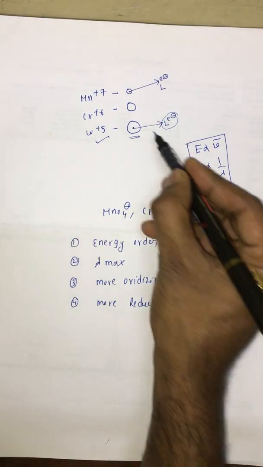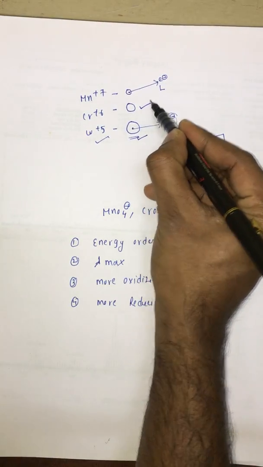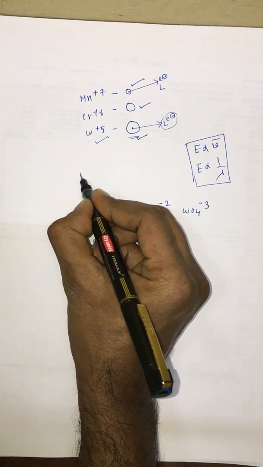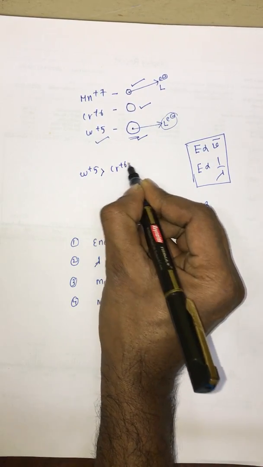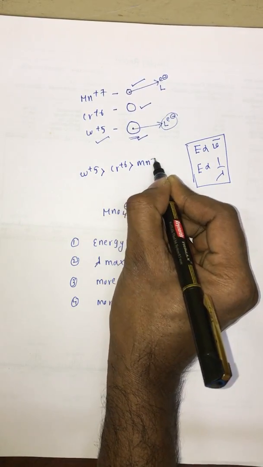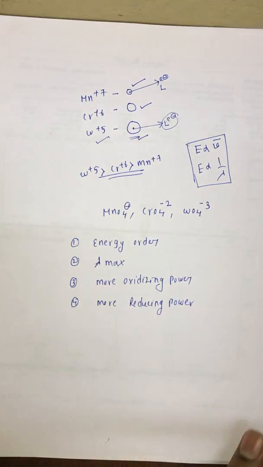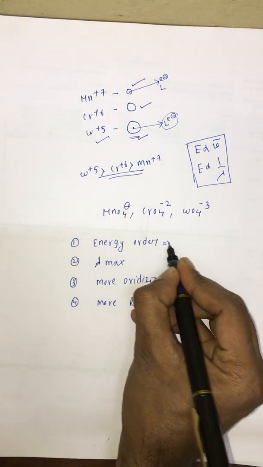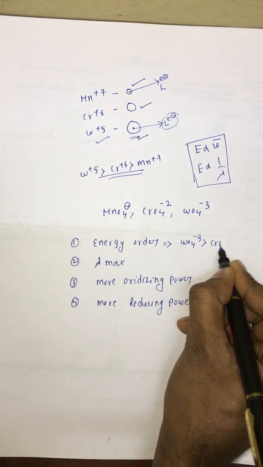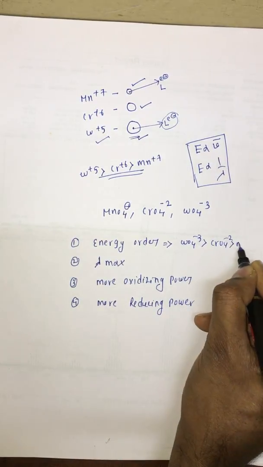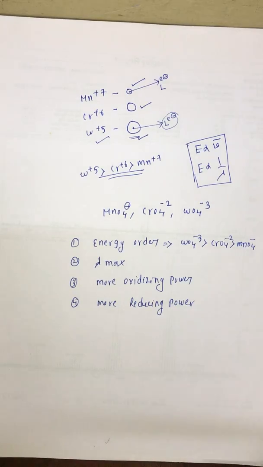So first we'll arrange them in energy order. We need to give more energy here, less energy here, and no energy here. Energy-wise, vanadium +5 is highest, then chromium +6, then manganese +7. So the energy order is VO4 -3, CrO4 -2, MnO4 minus.